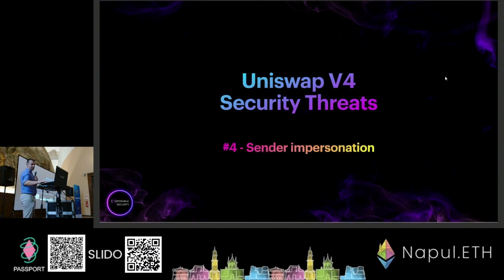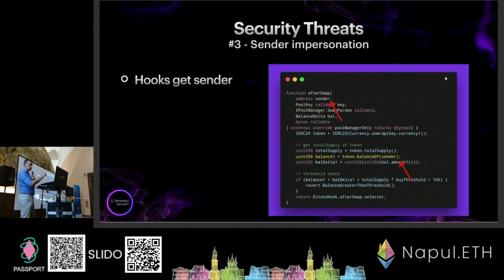Okay, number 4, impersonation of the sender. Here is an example of an interesting case, a hook that wanted to make sure that nobody can get more tokens than some threshold. So you have a token, and you just want to make sure that not too many tokens are collected in one address.